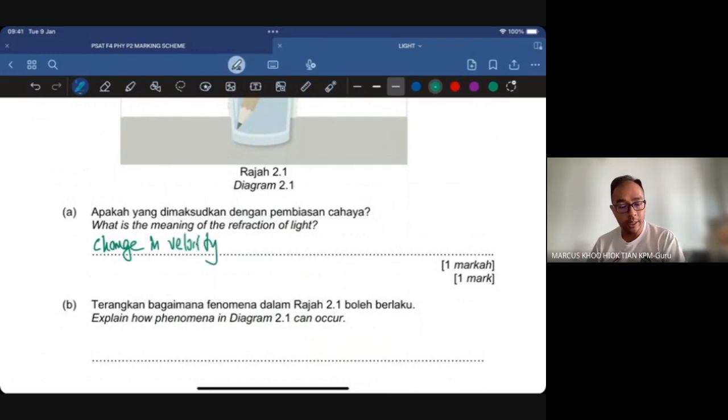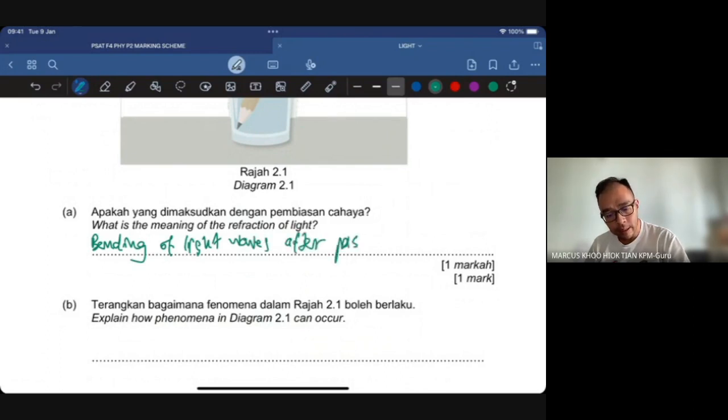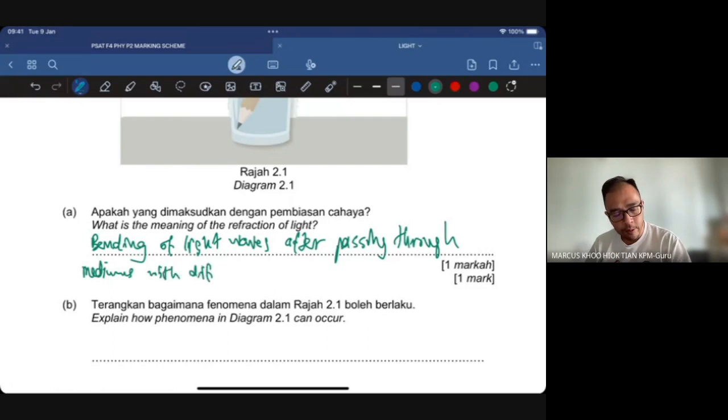Or actually, let's keep it the same as the wave: the bending of light waves after passing through mediums with different optical densities.